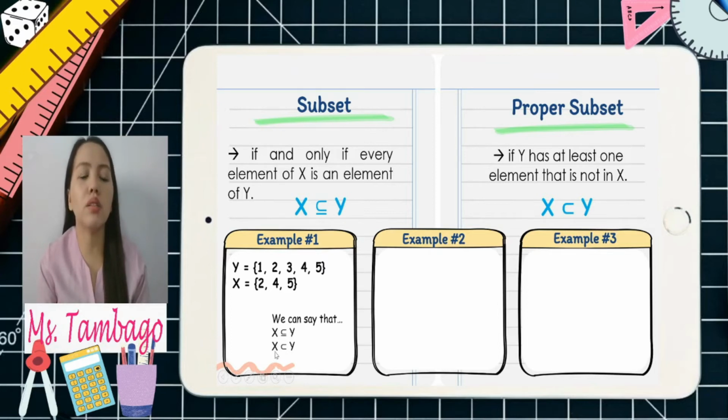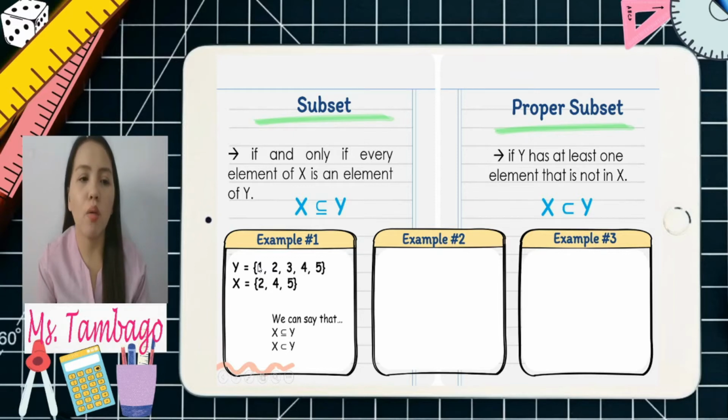Then why is it also that set X is a proper subset of set Y? Let's go back to the definition. If Y has at least one element that is not in X, tingnan natin yung maraming elements naman, si Y. Tingnan natin yung mga elements kung meron bang kahit isa, if there is at least one element that is not located or not included in the elements of set X. So meron ba?